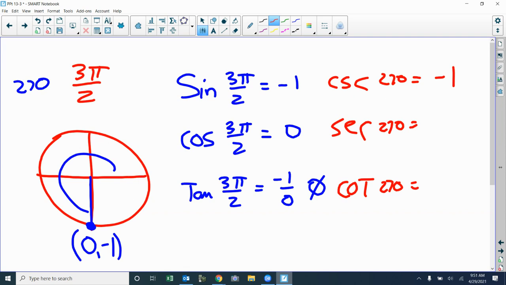Secant. Secant's going to be a little different, okay? It's going to end up being undefined, because we're dividing by 0 there when we invert the 0 over 1.